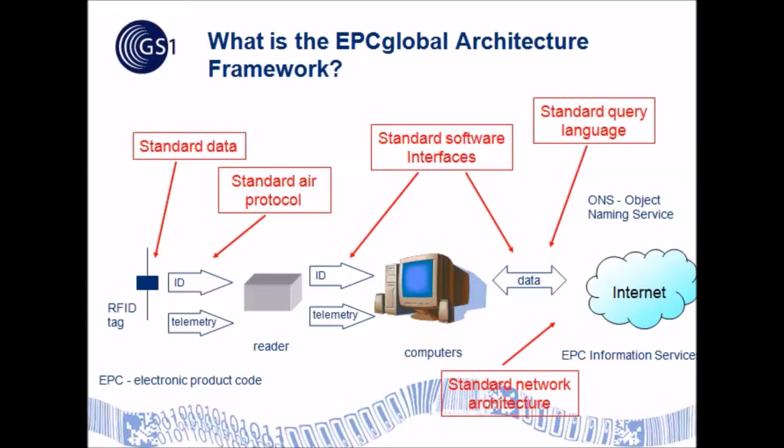Fortunately, today we already have the internet almost everywhere, so we just need to pass the data packet via standard network architecture. So we need an EPC Global Architecture Framework to define how to deal with the data, and we need to define the data flow from the tag to the computers or to the EPCIS.